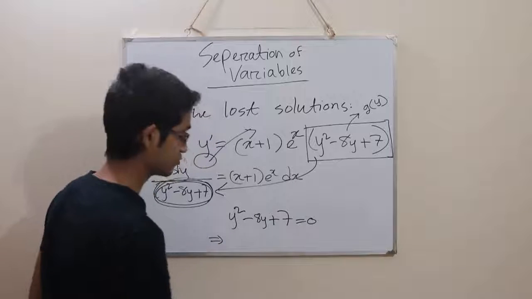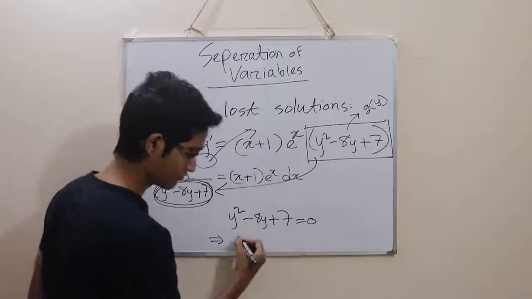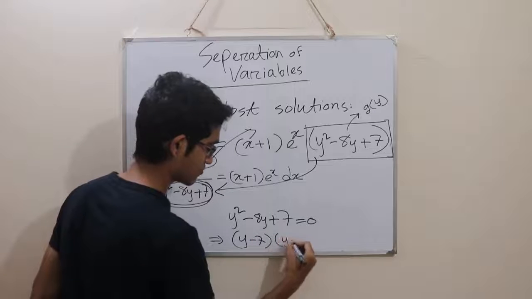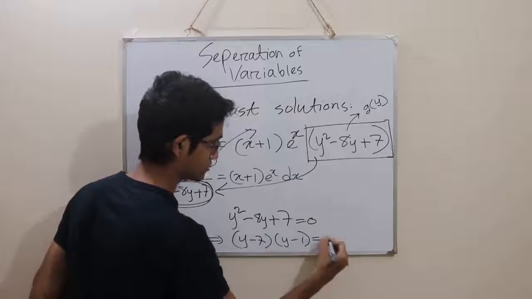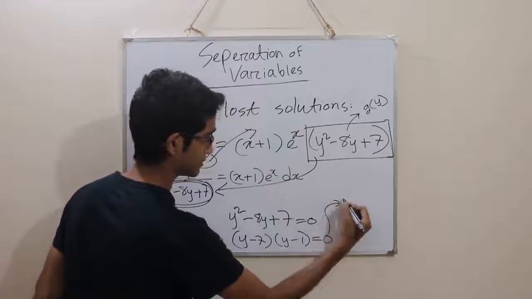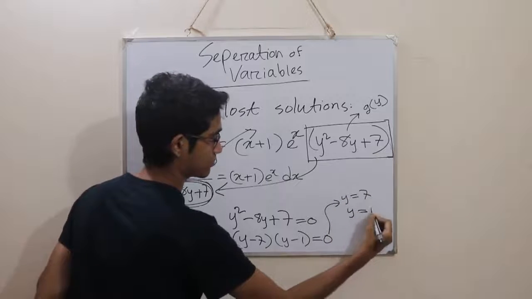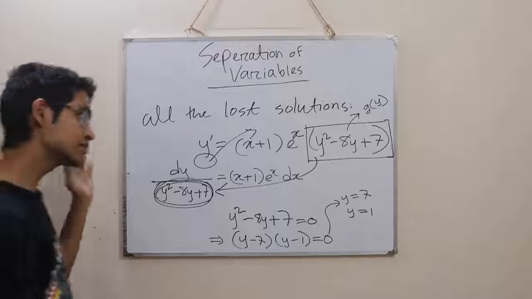If we do a middle term break, then we find (y minus 7) times (y minus 1) is equal to 0. And from here we can say that y is either equal to 7 or y is equal to 1.